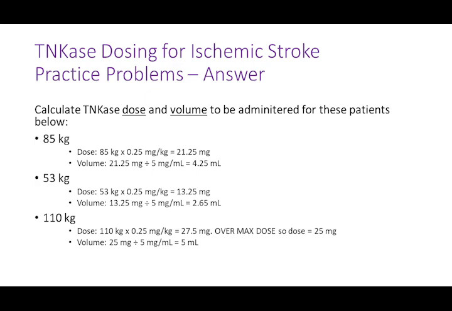Okay, let's go over the answer for our dosing. Again, this slide will be included in your version at the very end of the presentation. So for the 85 kilo patient, the dose would be 85 kilos times 0.25 mg per kg, and that gives us 21.25 milligram.